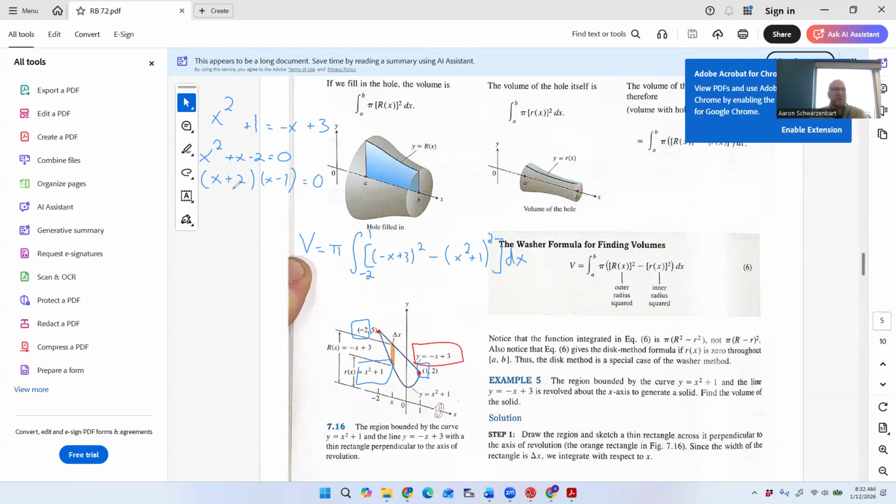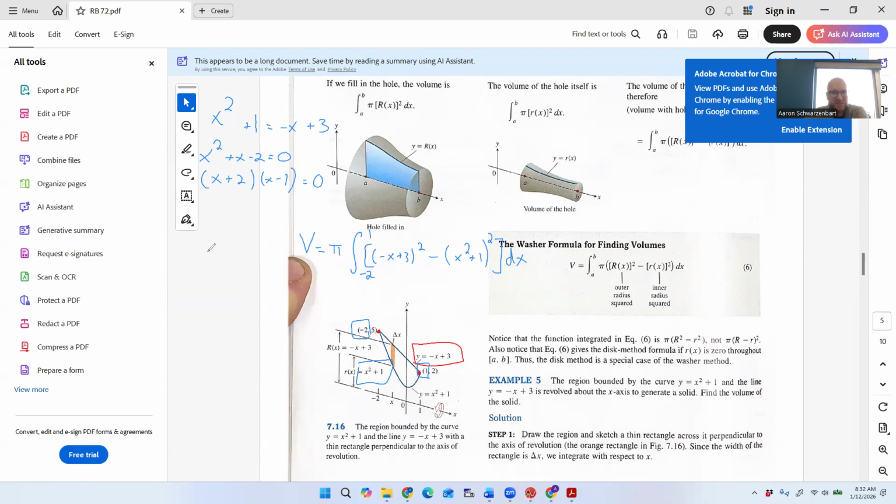So that would get me my -2 and 1. If you can graph it, you can just find the x coordinates. It is important that you can see the graph because I need to do upper radius minus lower.